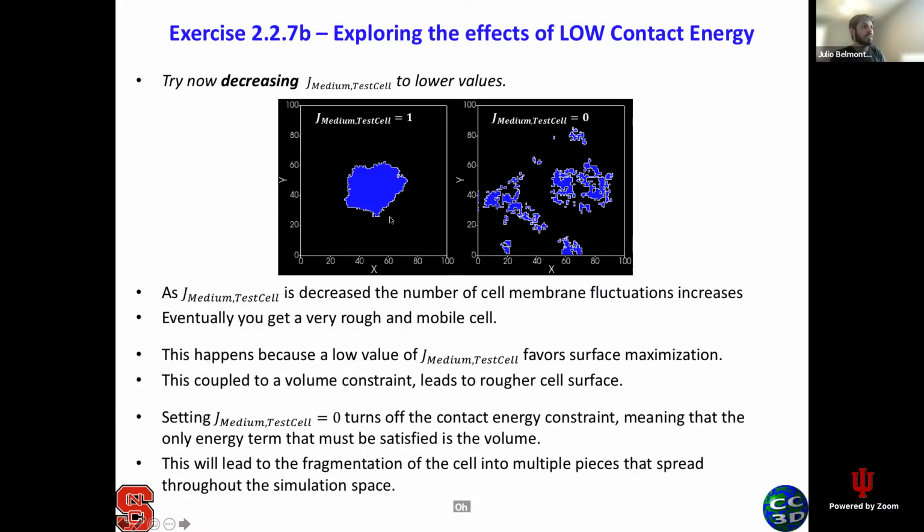But if you make the contact energy between the cell and the medium 0, the cell doesn't care about the surface anymore. It does not want to minimize its surface with the medium. The smoothing effect that the contact energy has is not there anymore. So the cell is free to have whatever surface it wants, and you get the fragmentation of your cell.